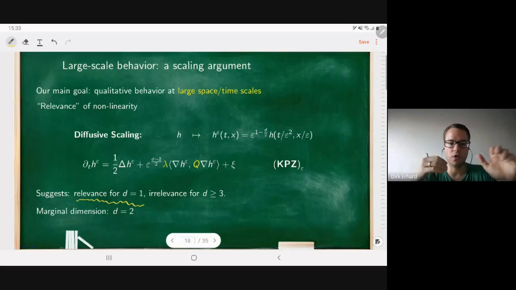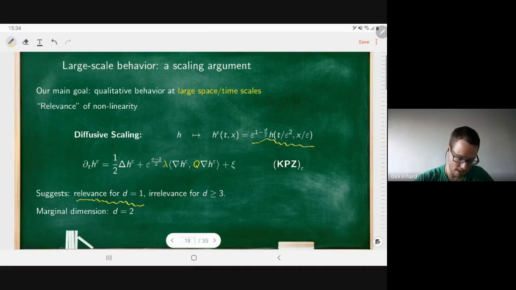It turns out that if you want to look at this relevant question for d equal to 1 at large space-time scales, then this is not the correct scaling. There's a different scaling called 1, 2, 3 scaling. And if you use this different scaling, it turns out that the equation converges to the so-called KPZ fixed point.